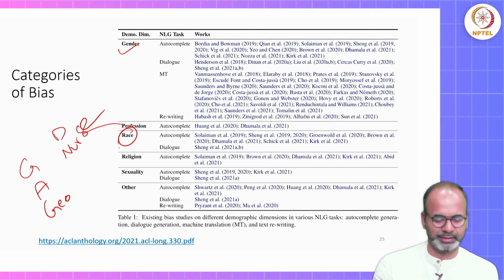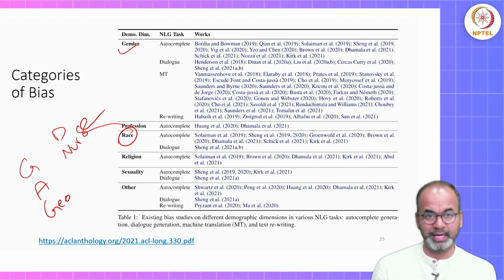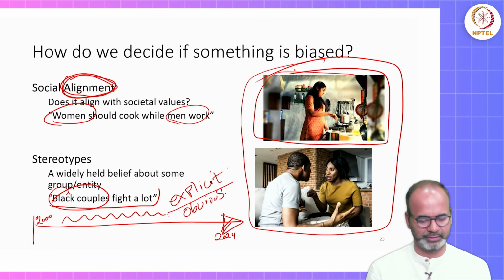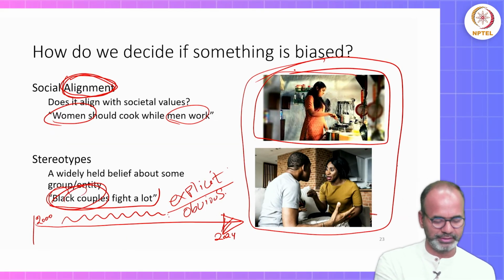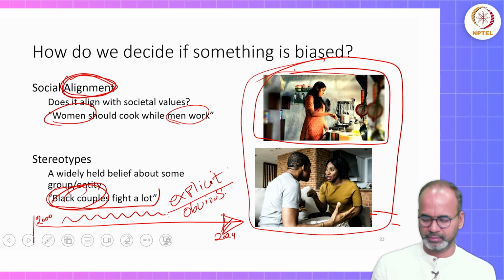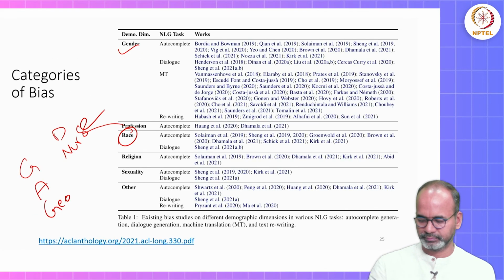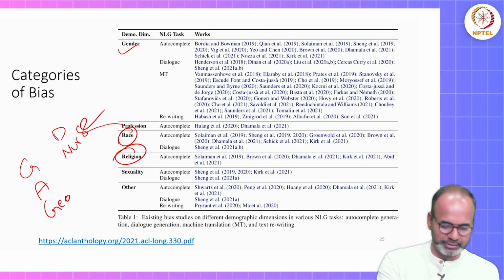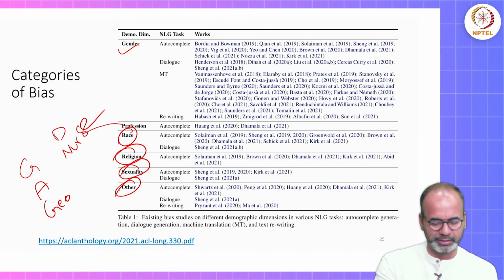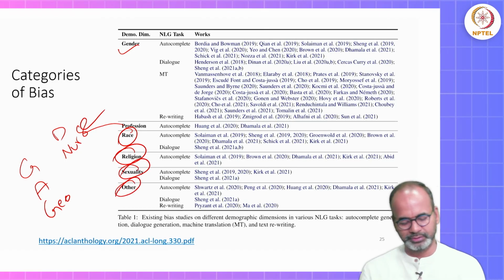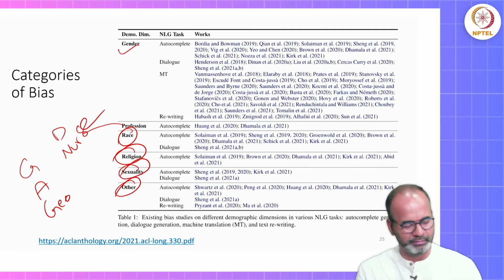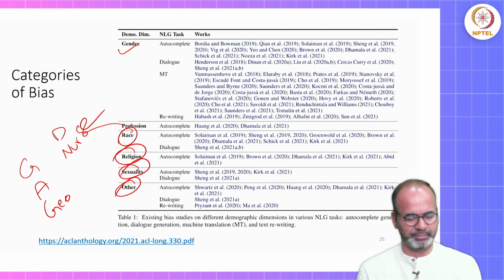Of course, there is also race, which is a dimension for bias. An example is here. There is religion, there's sexuality, and then there are probably other categories also of the gender bias, of the categories of bias.